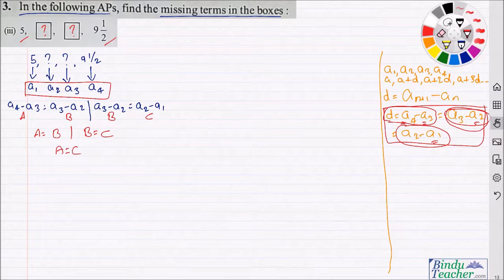So we can use this to come up with one other formula, which is A equal to C. What is A here? It is A4 minus A3. So I'll write A4 minus A3 equals C, and C is A2 minus A1.